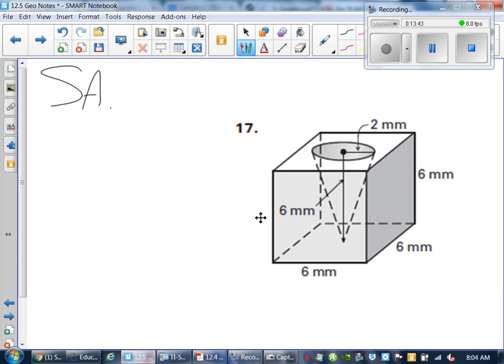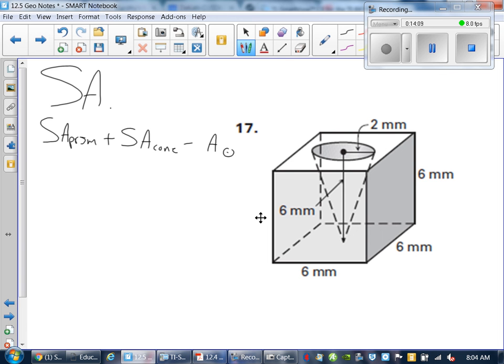So look what happens here. You take the surface area of a prism, you add the surface area of a cone, and you subtract the area of a circle. The reason I'm subtracting the area of the circle is because I can't cover it. So if you piece that together, write out formulas.